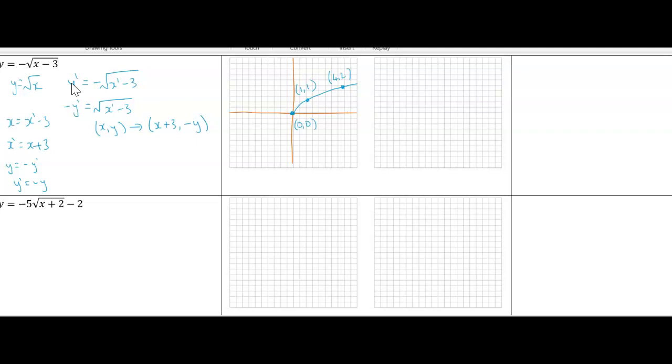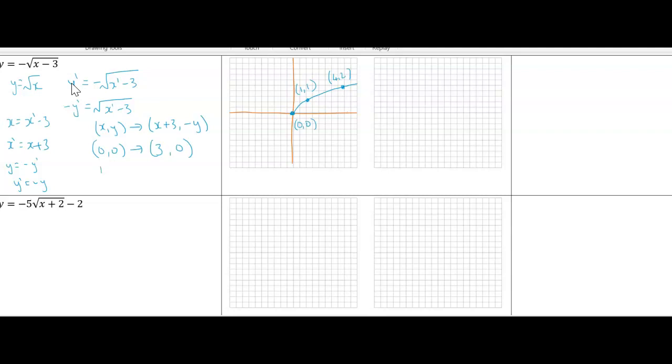Now, if you're like I was before, was I reflecting in the y or the x? That's why having these points does help. So 0, 0 becomes 0 plus 3, which is 3, and negative 1 times 0 is just 0. And so that's shifted, as you would expect, along the x-axis by 3.